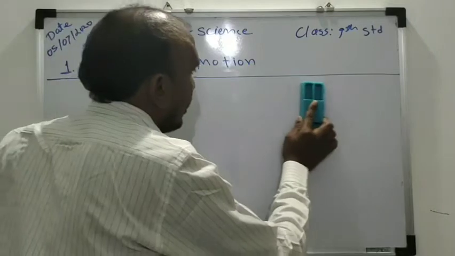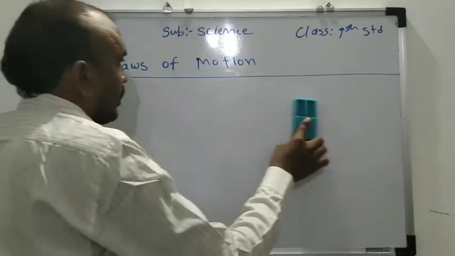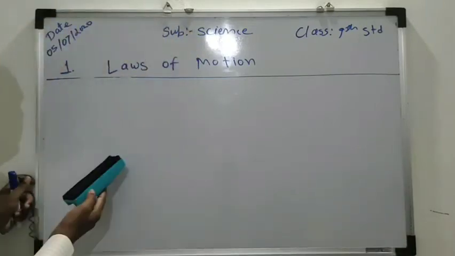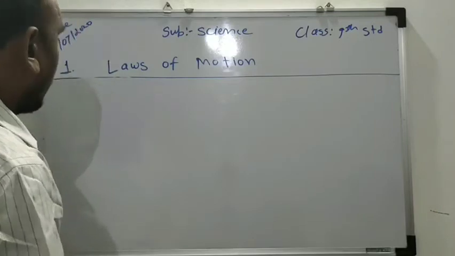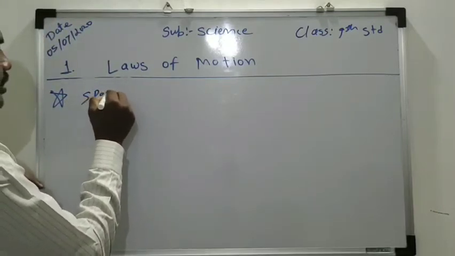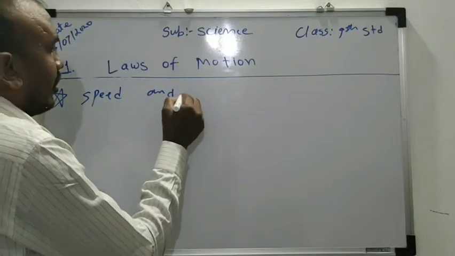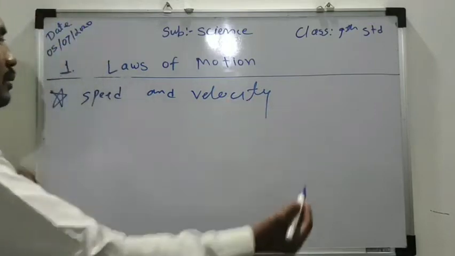So the direction is mentioned for displacement, but for distance there is no direction. So the next topic is speed and velocity.